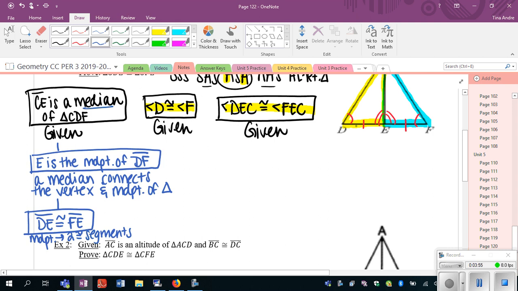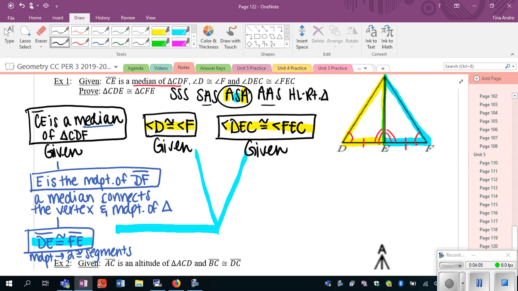So that's what I have as my last piece here. So there's my side. So now I can connect these 3 pieces to say that the triangles are congruent. So now I can say triangle CDE is congruent to triangle CFE. And that's by angle, side, angle.